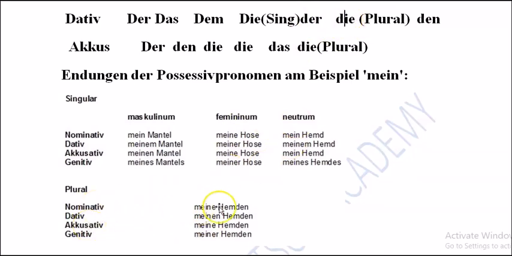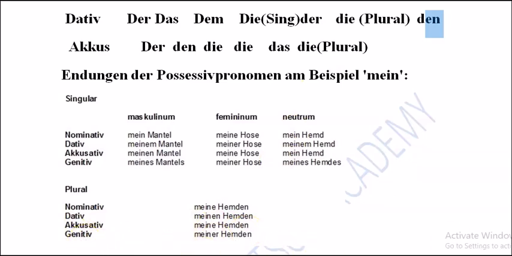Here we are talking about plural. The article is changed in plural to den. So then we are saying meinen Hemden. It is in dative. And the next one is accusative. In accusative, the plural comes the same like its original form. So we say in accusative meine Hemden.